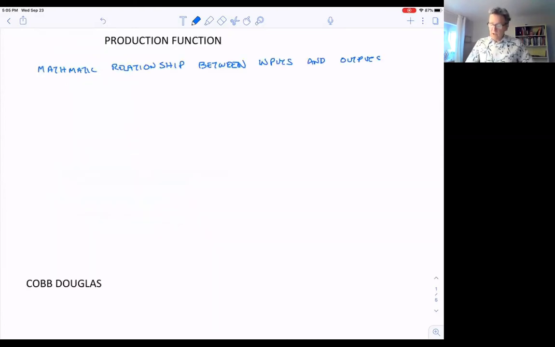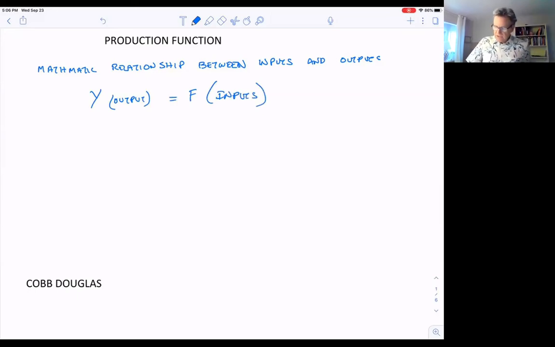Okay, this mathematical relationship between inputs and outputs can be written as output, Y, real GDP, is some function of inputs.